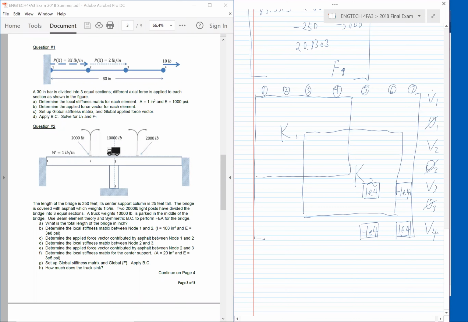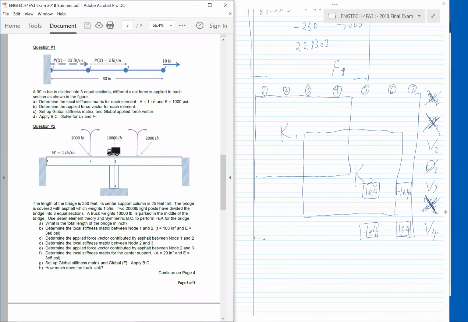Finally, my favorite part is to apply the boundary conditions. This is 0, this is 0. V2, phi 2, no, there's something there. And V3, yes, it goes down for sure. However, because of the symmetry, there's no turning in node 4.